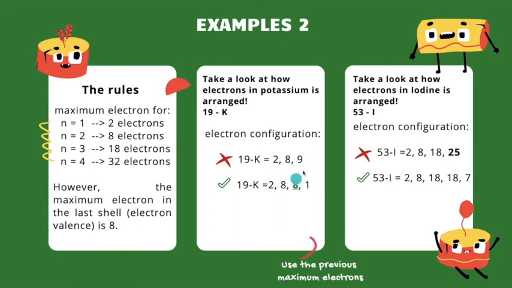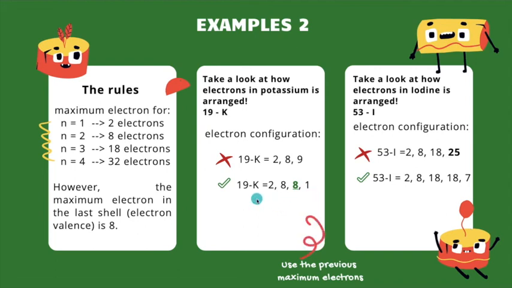However, because this third shell becomes the last shell, kulit terakhir itu maksimal elektronnya cuma 8. Jadi angka 9-nya ini harus kita pecah. Dipecahnya mengikuti angka maksimal di kulit sebelumnya, terus sisanya ditaruh di kulit keempat.